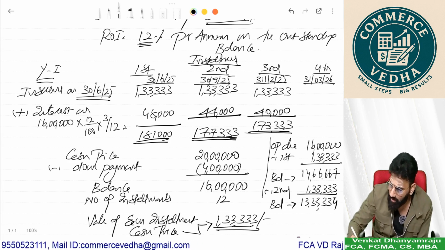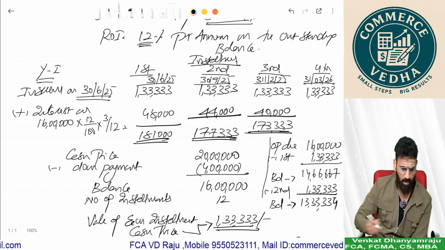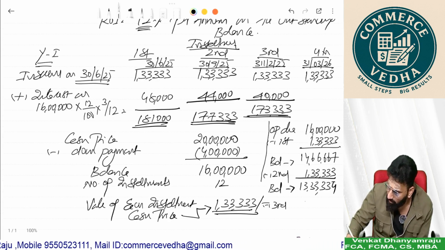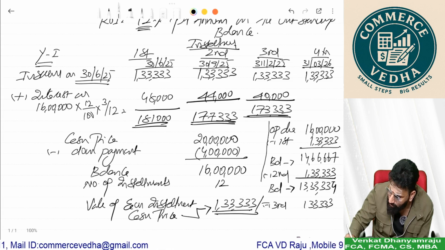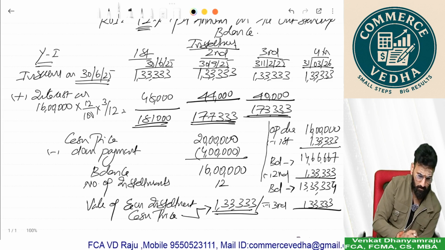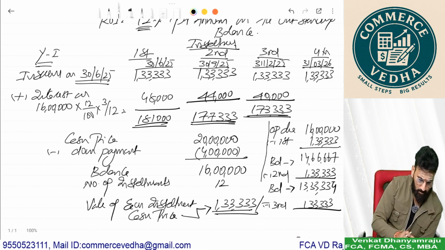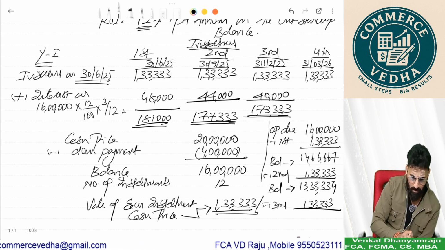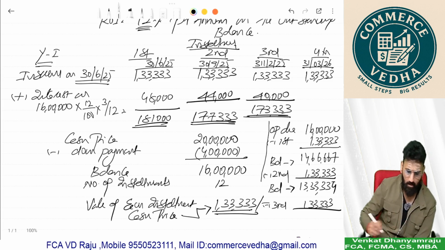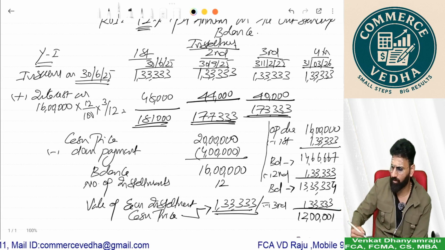And the fourth installment, same the cash price 133,333, and if you remove third installment here 133,333, 13,33,334 minus 133,333 is 12 lakhs. Okay, 1 rupee because of rounding off.